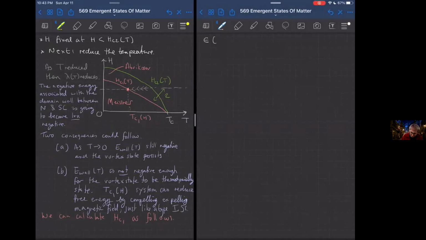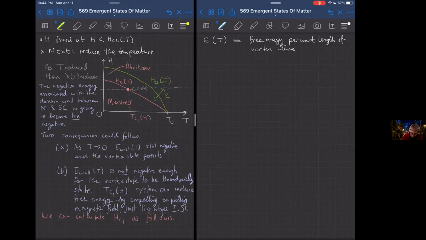Let me define epsilon of T to be the free energy per unit length of a vortex line. This is a quantum vortex line with a normal core and magnetic field going through that core.